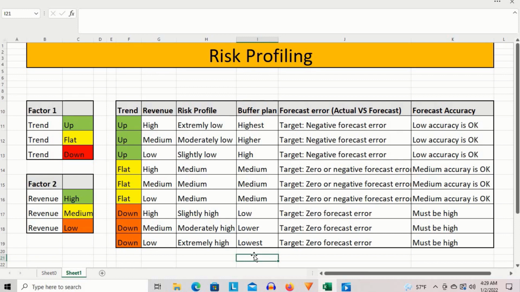If they question why the forecast accuracy is low on this item, you can tell them the reason behind it: what's the downside of having a high forecast accuracy on those items, or what is the risk of having low forecast accuracy on those items. You can give them multiple examples so they understand why we are doing this, and they will appreciate your logic, because this way you are planning in the right direction, which is perfectly aligned with the company goal.